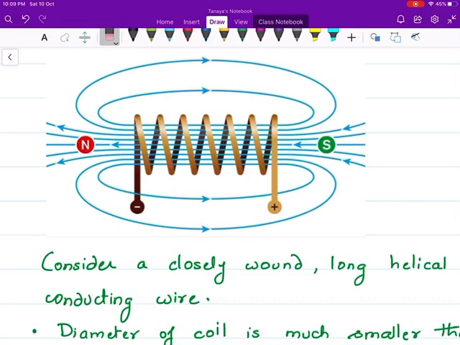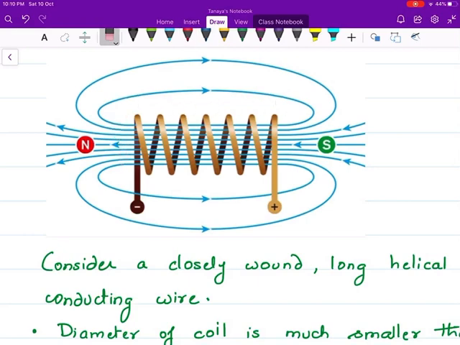What is a real solenoid? This is the length of the solenoid and this is the radius of the solenoid. So the length is not very large compared to the radius. This is a normal solenoid which we use in normal applications.